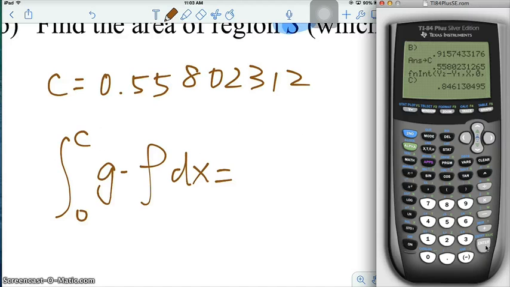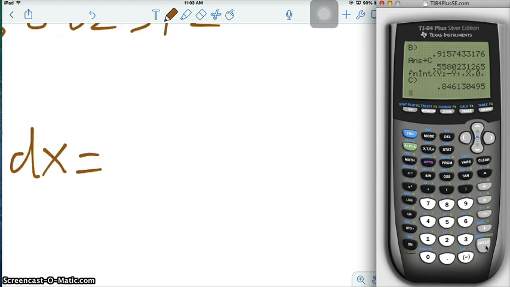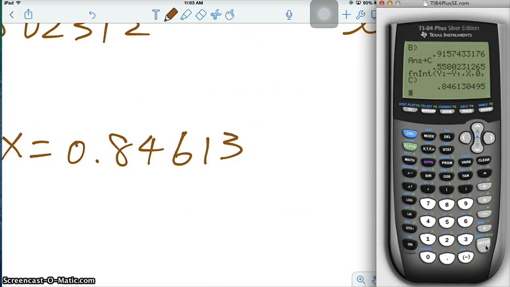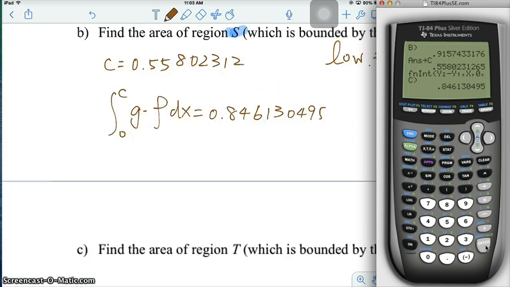Our answer would be point 4, 6, 1, 3, 0, 4, 9, 5. Okay, so that will be the next answer.